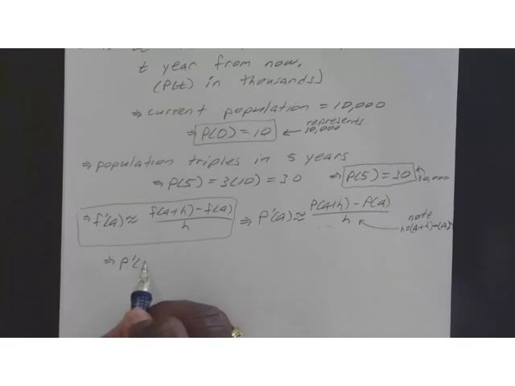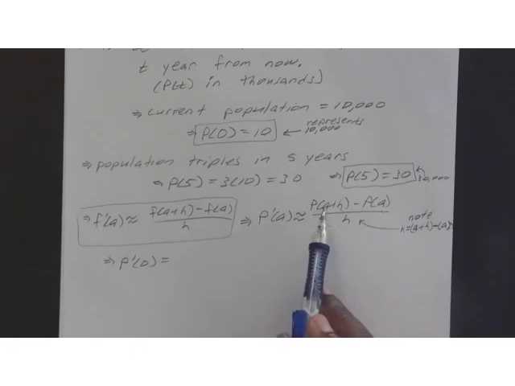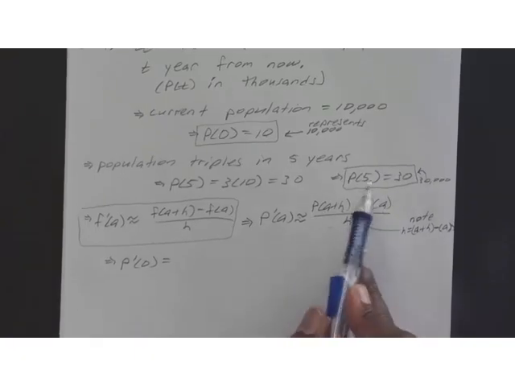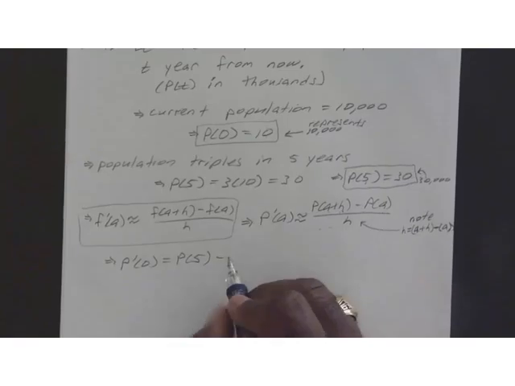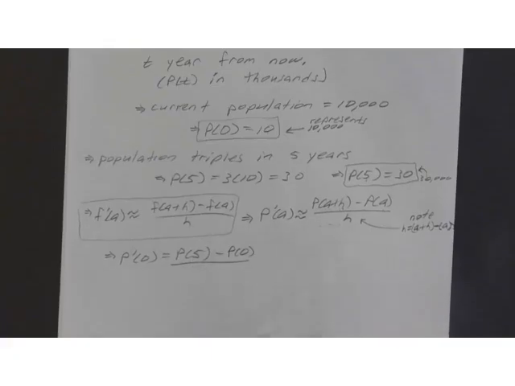So that means our p prime of 0 is going to equal p of 0 plus 5, which is the difference between 0 and 5, minus p of a, which is minus p of 0, all divided by a plus h minus a, which is just that 5 minus 0.